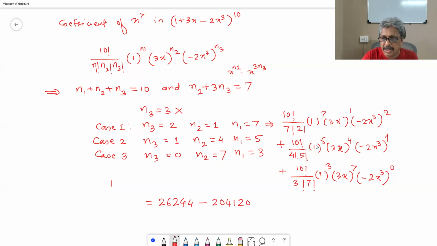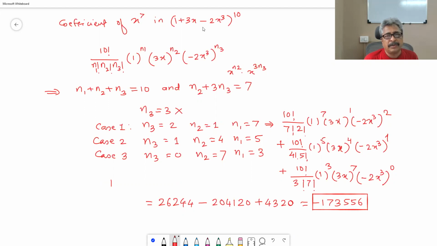That is, the second term is the largest term with negative sign. Therefore, it is going to dominate. Plus 43, 20. That gives us the answer minus 173,556. This is the correct answer. That is going to be the coefficient of x raised to 7.